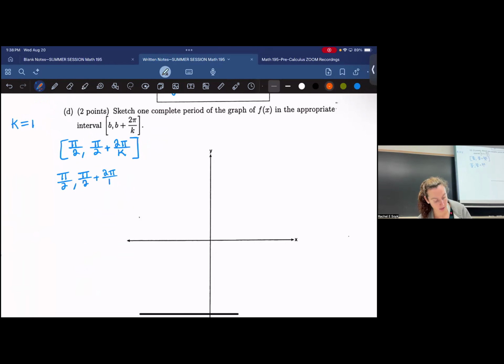Let's get a common denominator so that we can combine those fractions. And so we get 4 pi plus pi is 5 pi over 2. And then we have that pi over 2. That's our interval.